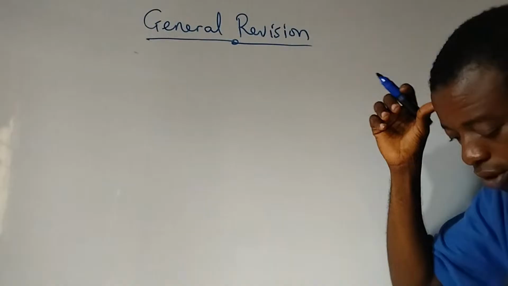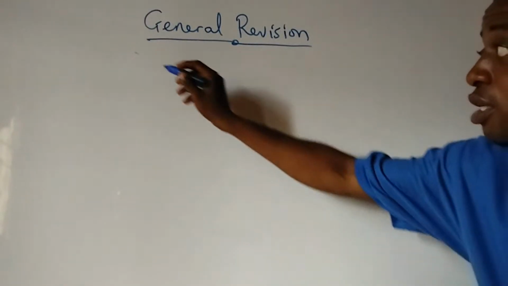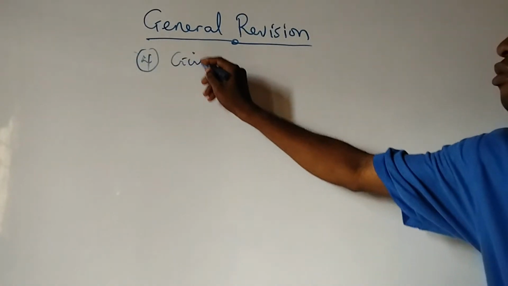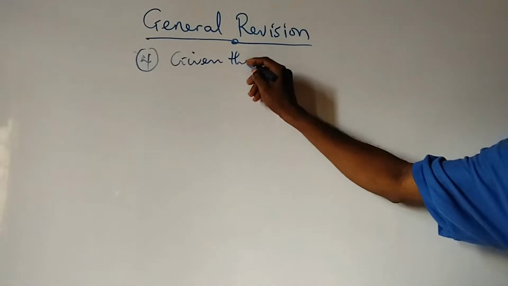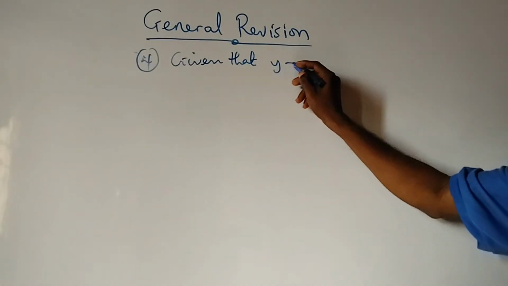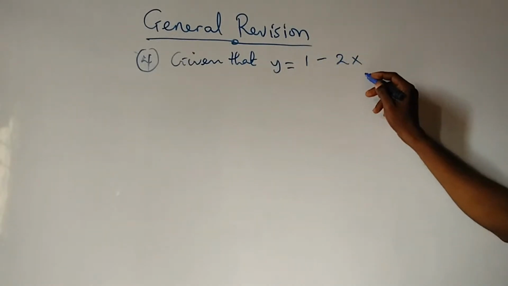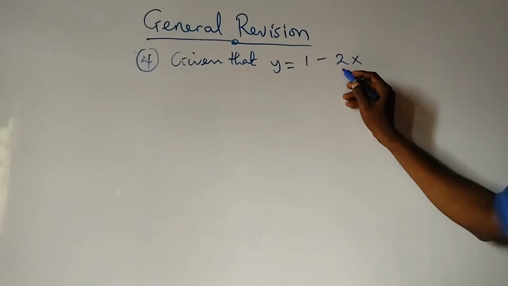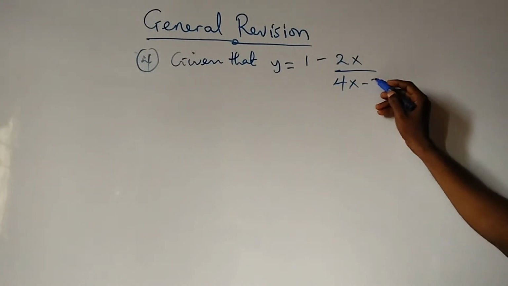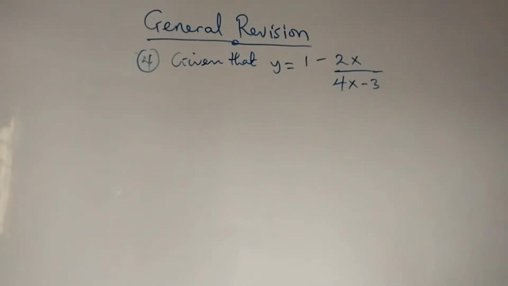We have given that y is equal to (1 minus 2x) divided by (4x minus 3). You're going to say find the value of x.